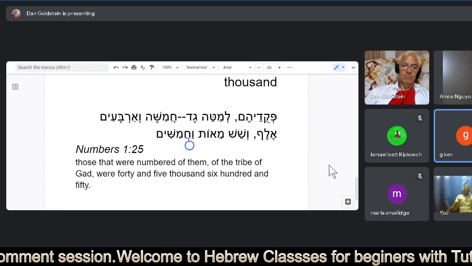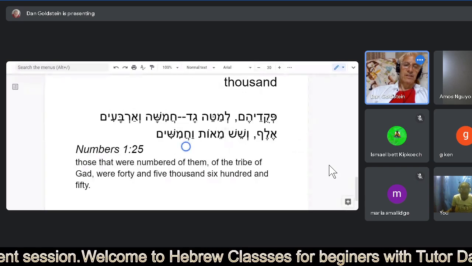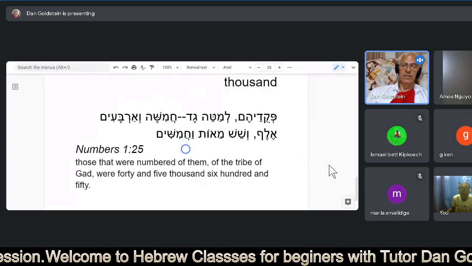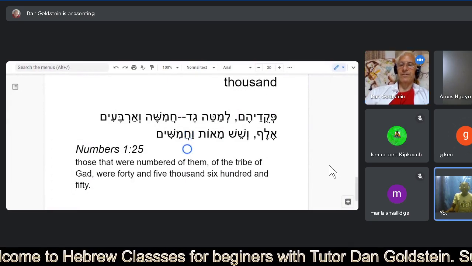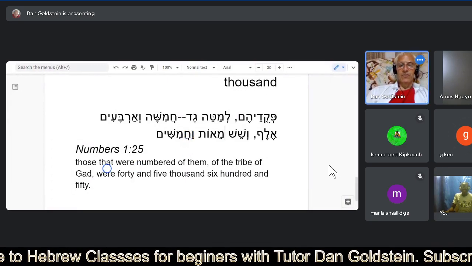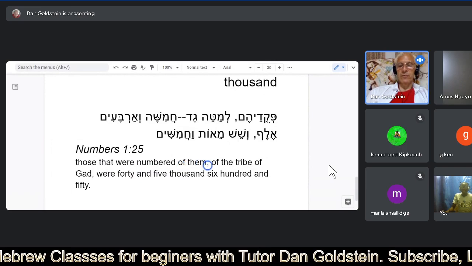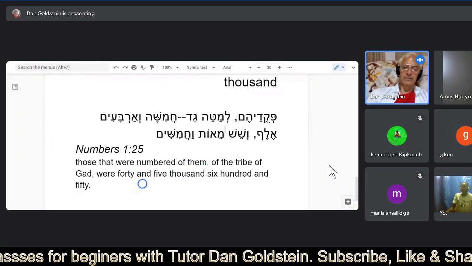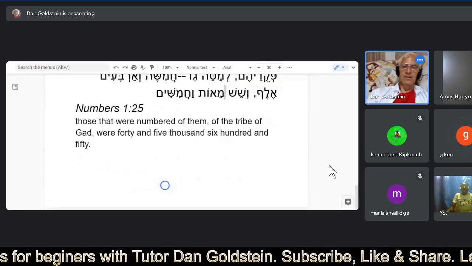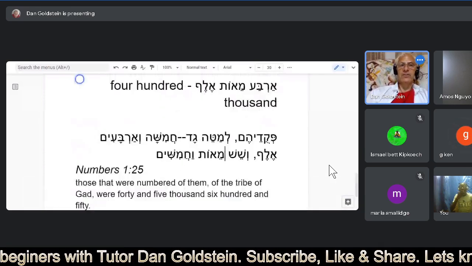Vachamishim. So careful with this. This chet can confuse us as if it was a tav, but it's a chet. Vachamishim. Well done. Those that were numbered of them, of the tribe of Gad, were 45,650.